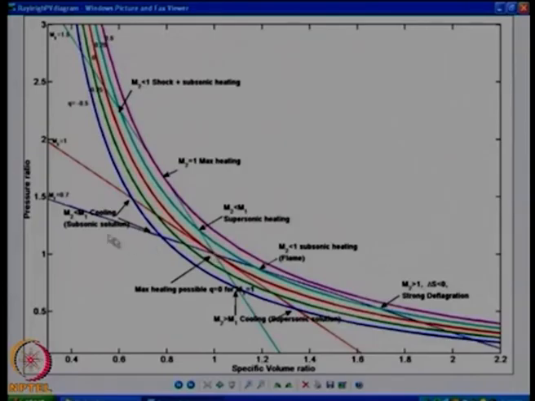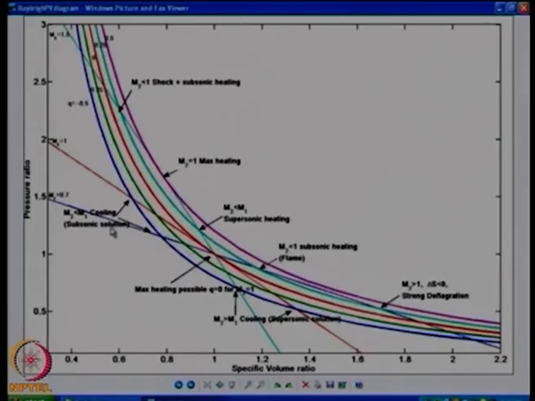Now let us pick out the same Rayleigh line, I go to cooling conditions. Simple enough to think about, the solution goes towards higher pressure and lower volume, that is it is getting more compressed. Higher pressure and lower volume means it is getting more compressed, that is I am cooling and the gas is getting more dense. Okay? That is what is happening here, and it so happens that these are corresponding to my subsonic solution, and I am cooling.